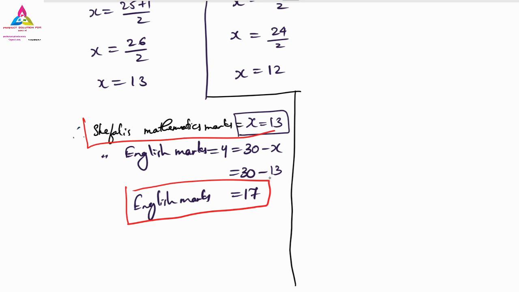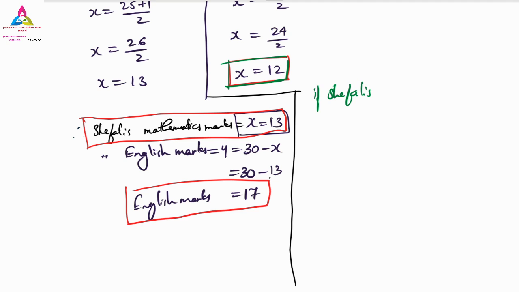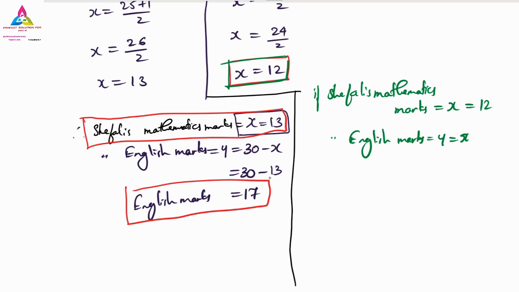But it is not the only answer, because you have one more x value, that is 12. So let us try for that also. If x is equal to 12, if Shifali's mathematics marks is equal to x, that is 12, her English marks, how much will it be? The y value, that is 30 minus x.